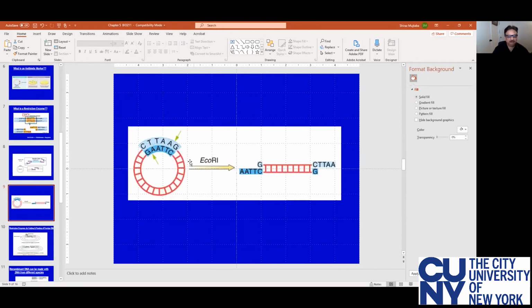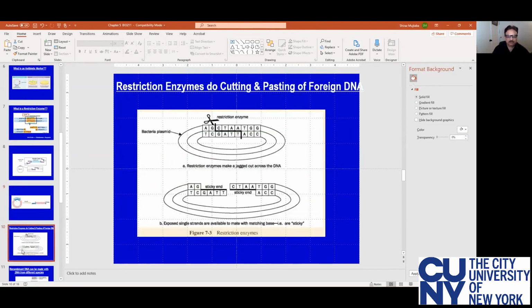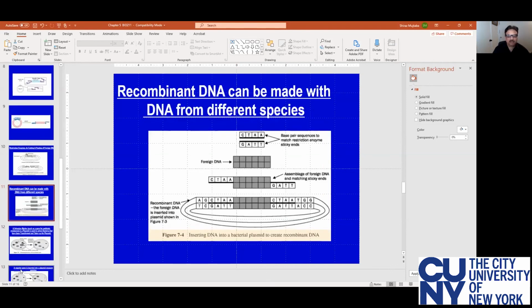The plasmid is cut, and then the target gene is inserted into the plasmid for the bacteria to divide. The plasmid with a foreign gene, the insulin gene, is called recombinant DNA.